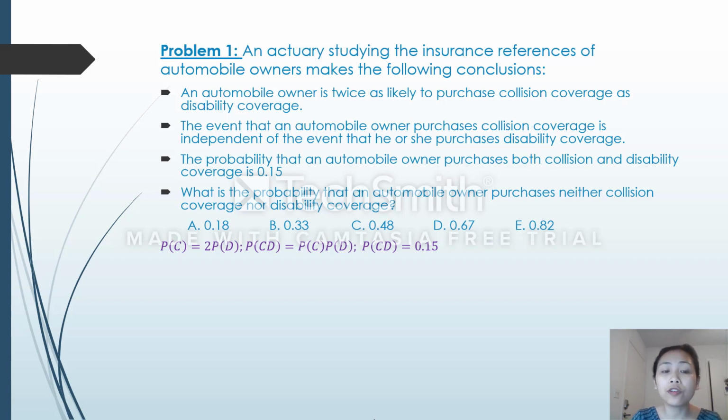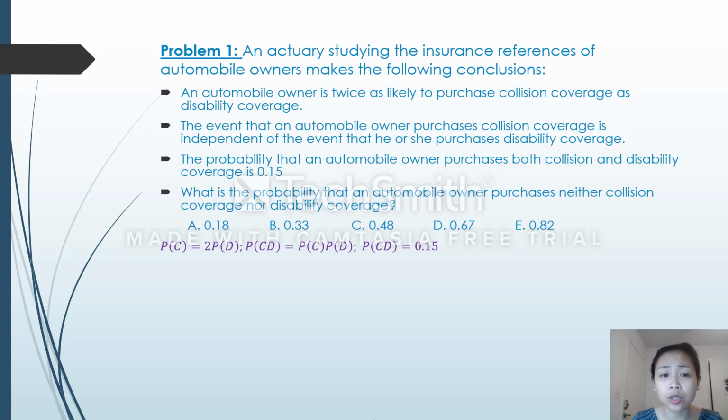By the first information, an automobile owner is twice as likely to purchase collision coverage as disability coverage. So that means probability of C is 2 times probability of D. That is the first information you have to write down quickly.